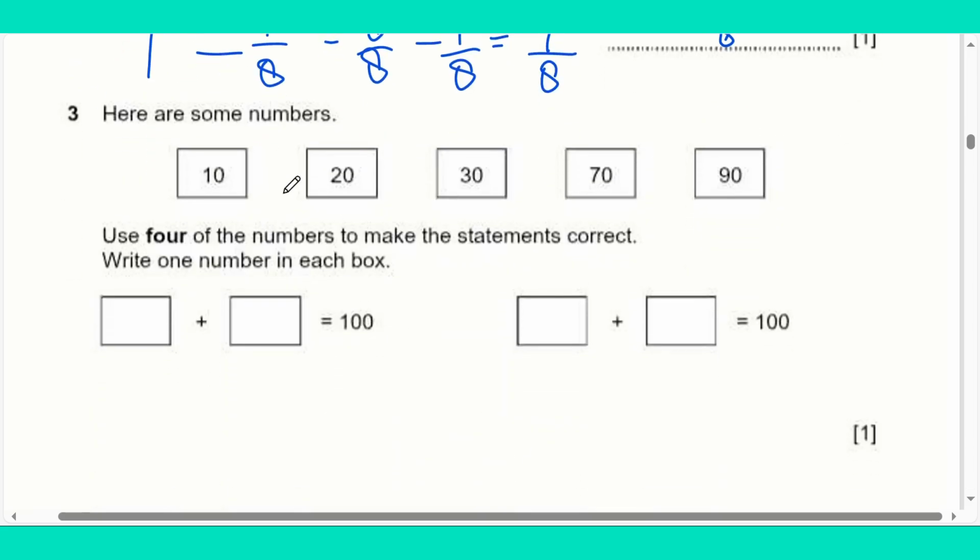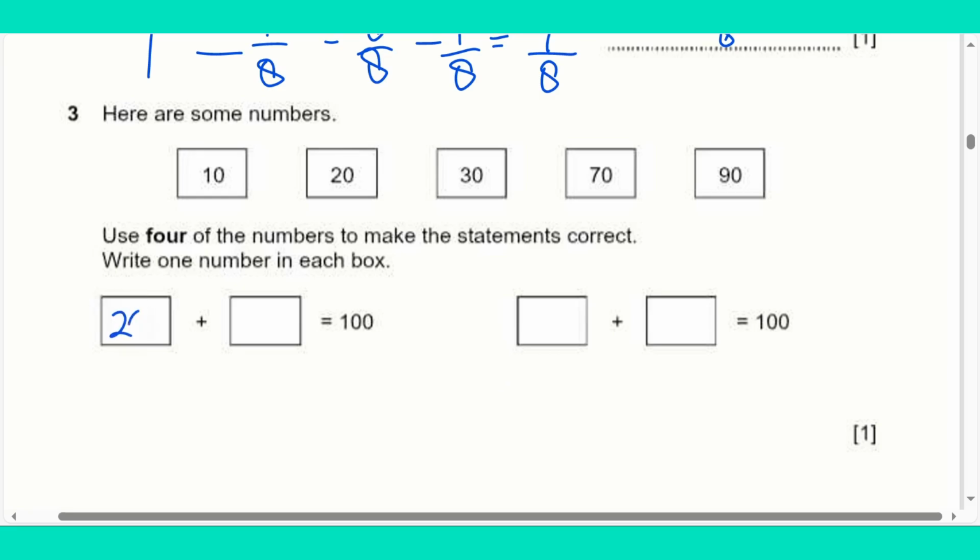Number 3. Here are some numbers: 10, 20, 30, 70, 90. Use 4 of the numbers to make the statement correct. Write 1 number in each box. What's your answer guys?